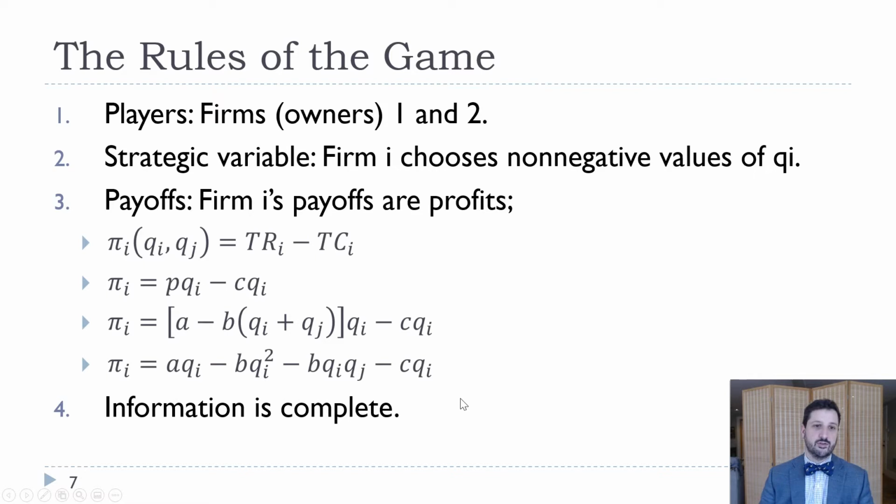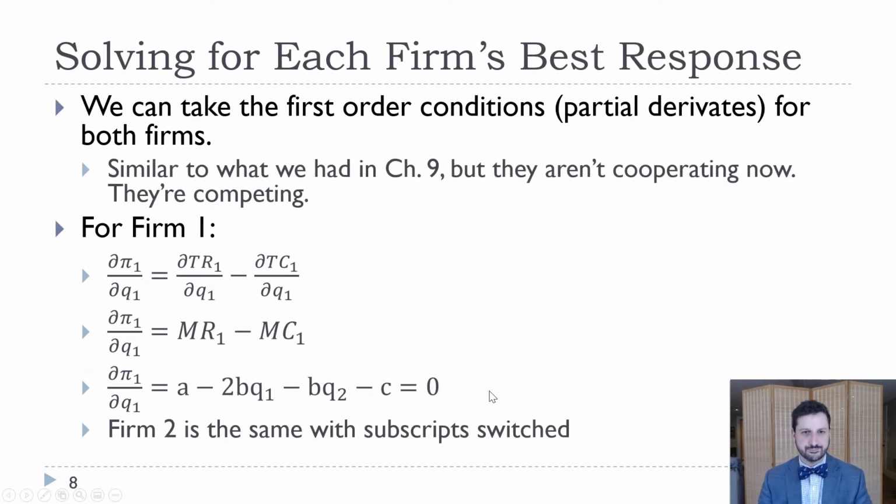And then the fourth rule is just that information is complete, meaning that I know your profit function, you know my profit function, so we know all of the information. It doesn't mean that I know how much you're going to produce and you know how much I'm going to produce. We want to find that in equilibrium.